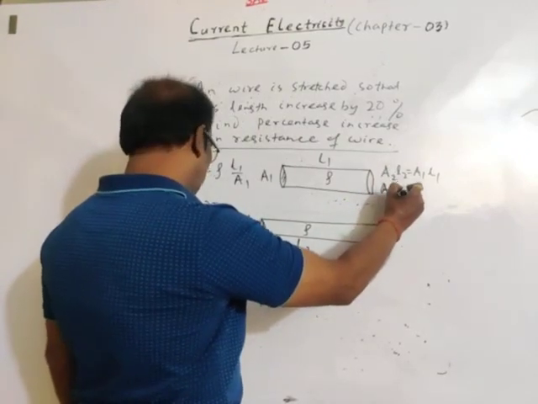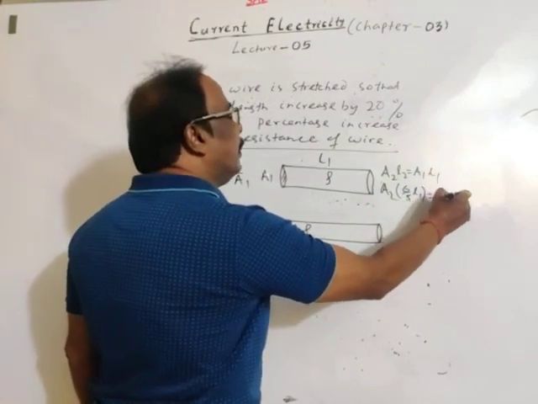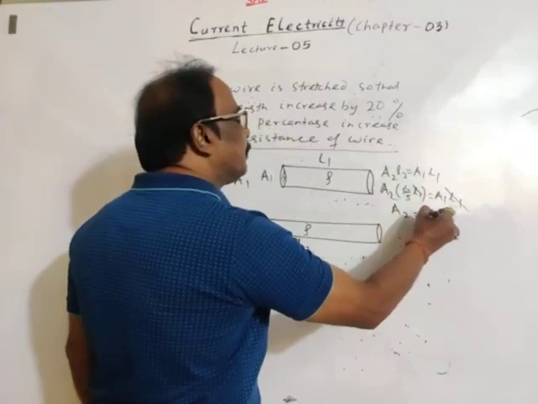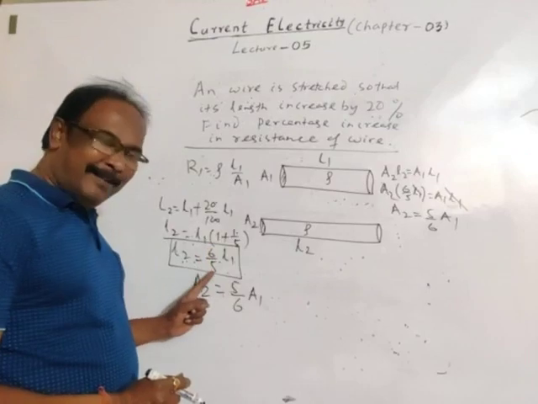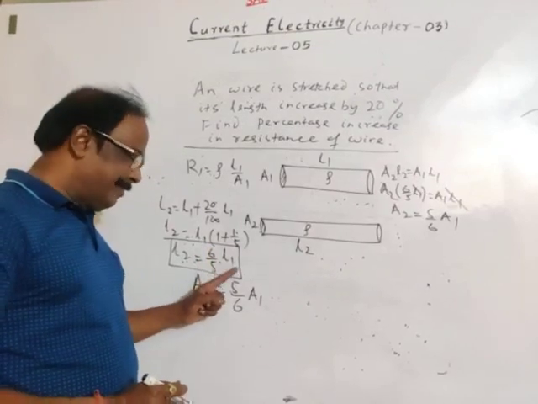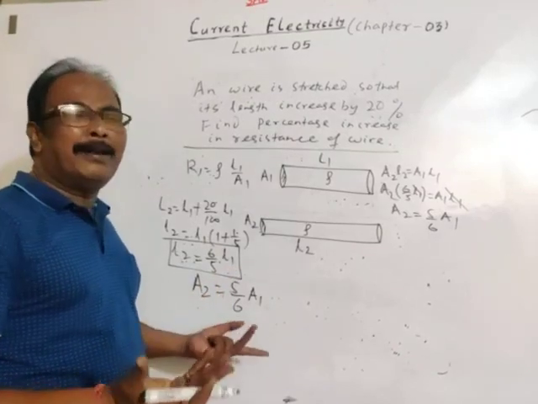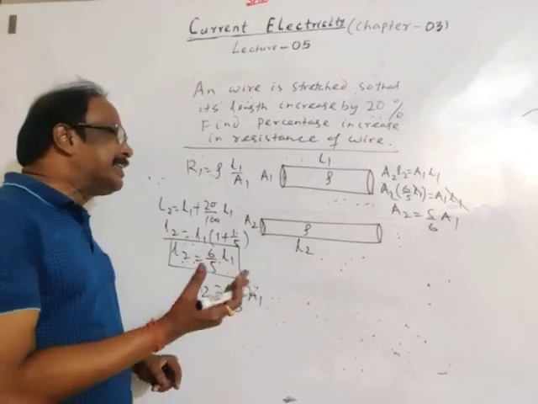In place of L2, we write 6 by 5 L1 equal to A1 L1. L1 gets cancelled. Then A2 is equal to 5 by 6 into A1. So length becomes 6 by 5 of the initial length, and area becomes 5 by 6 of the initial area.